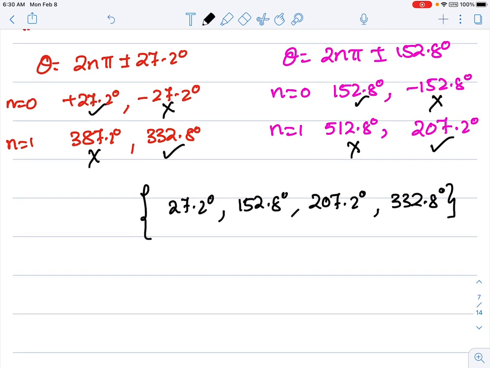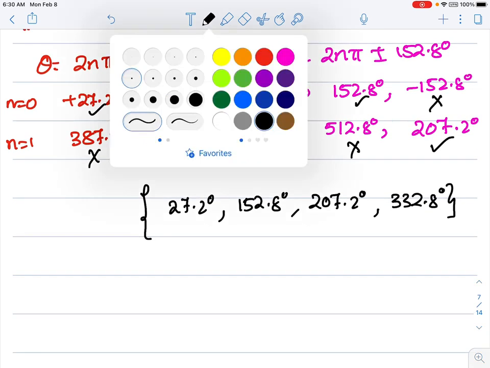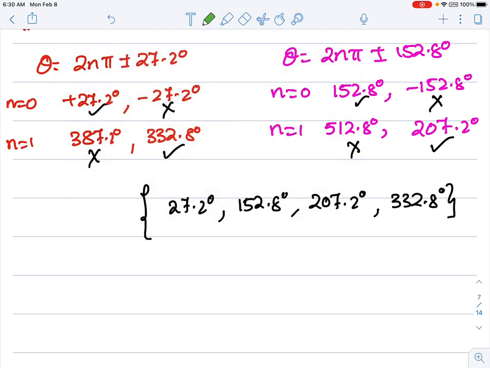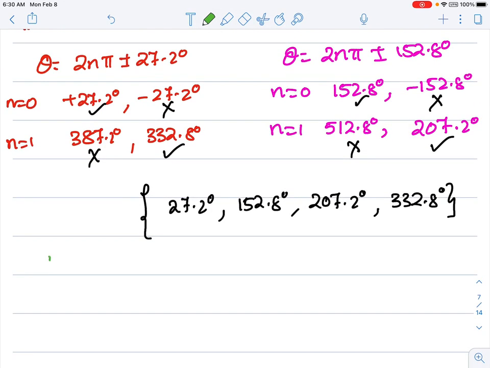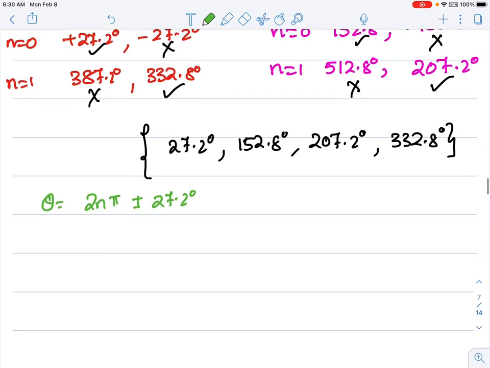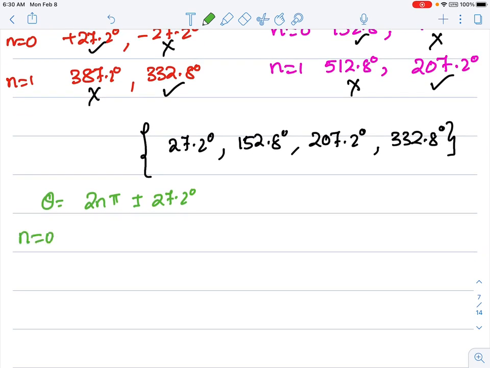So quickly once again, for the people who wouldn't have understood what has gone on, because I still have space to write it out, I can do that over here. When I get cos theta is equal to 2n pi plus or minus 27.2 degrees, I substitute n equal to 0. So 2 times 0 times 180 plus 27.2, or 2 times 0 times 180 minus 27.2.